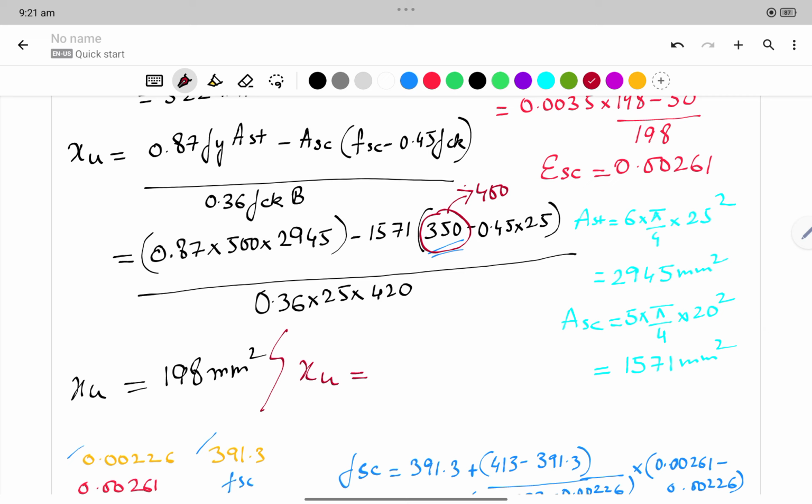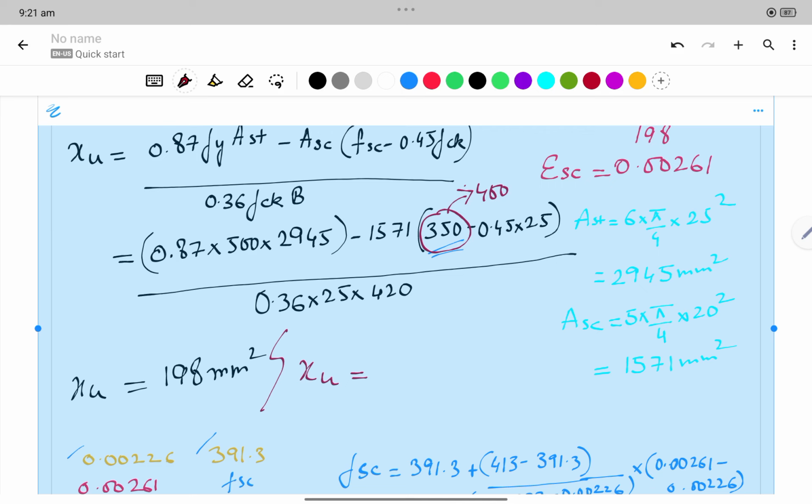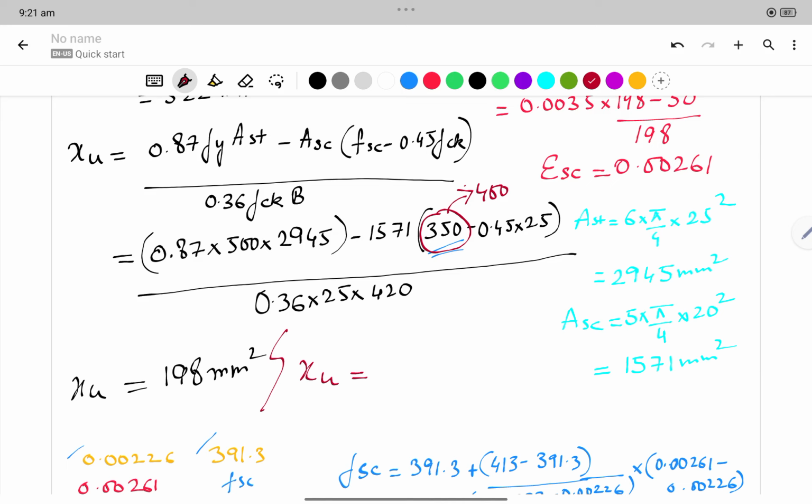See, 400 minus 0.45 into 25 into 1571, bracket 0.87 into 500 into 2945. The XU value is coming as 177.34. So we are taking as 177. Okay. Sorry, it will be mm only.